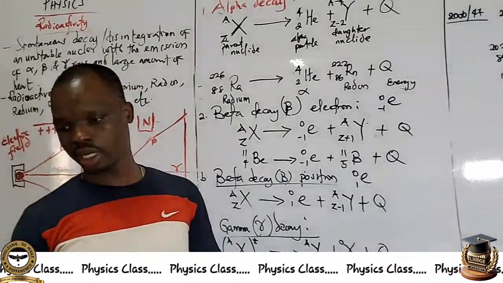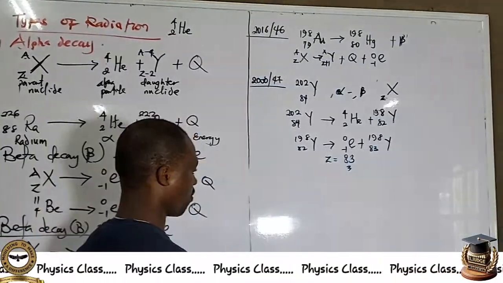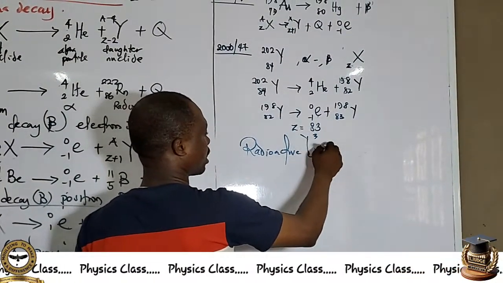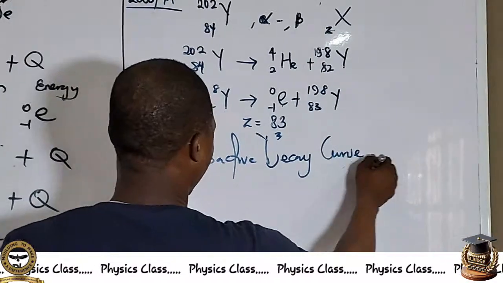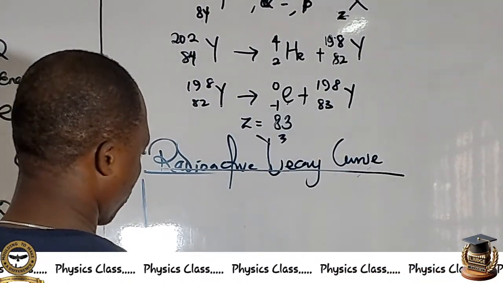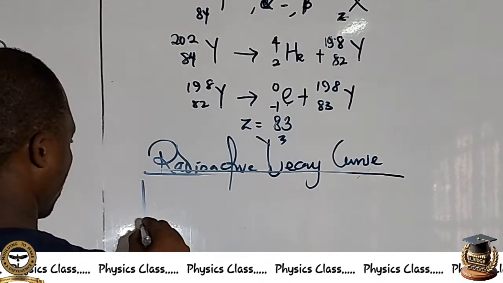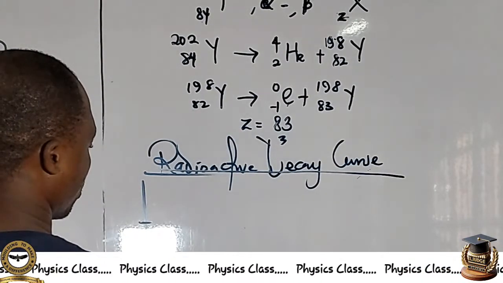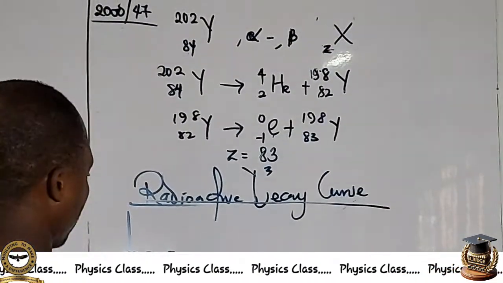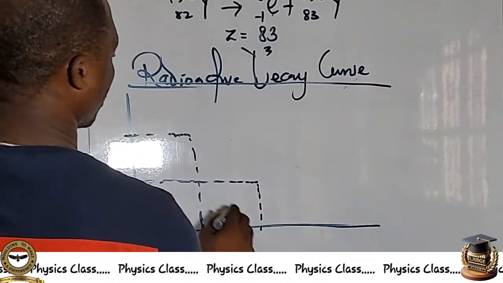Now let's quickly look at the decay curve. The radioactive decay curve. The curve of the number of particles, the number of atoms against the time. The negative graph.